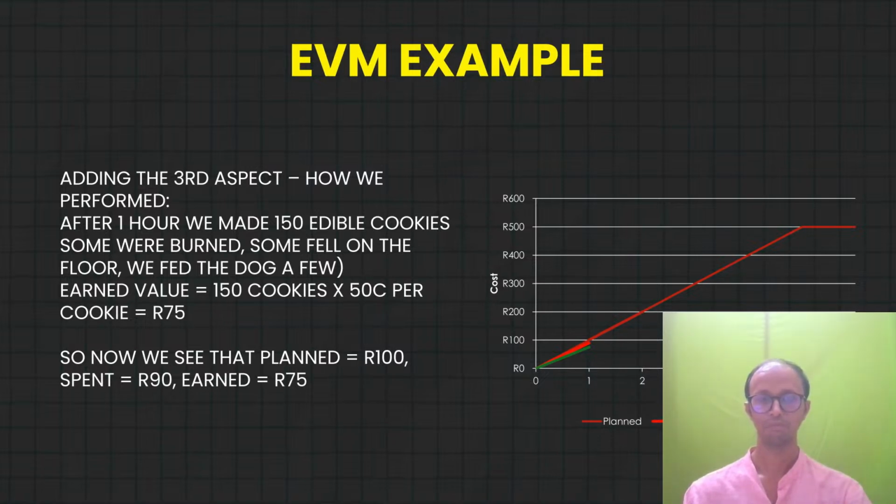So the plan was 100 rand, spent 90 rand, earned is 75 rand. So now we come down to the third aspect. The green line is the earned line. So here we are looking into the total cost that we have earned, which is 75.